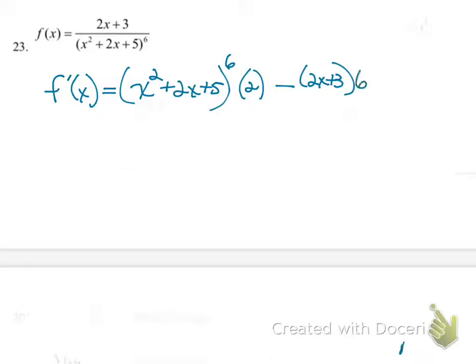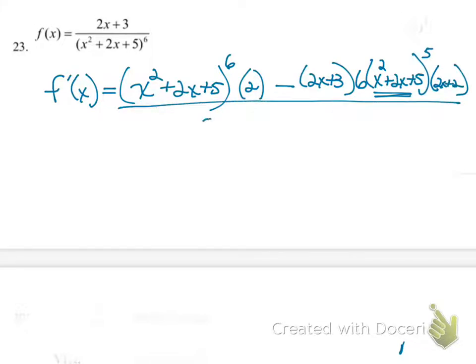Okay, bring the 6 in front. Then we have x squared plus 2x plus 5 to the 5th. Then take the derivative of the inside, which will be 2x plus 2. And the whole thing's over the denominator squared. Don't forget that piece.